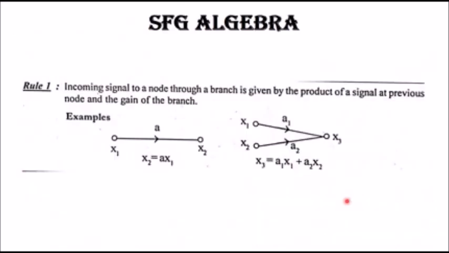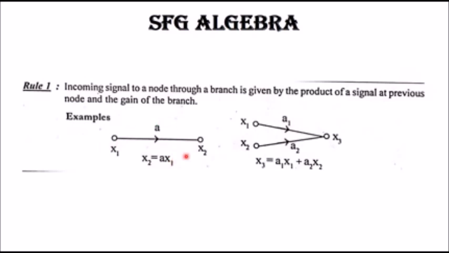Okay, so let's see some algebra. You can see we have two nodes here, x1 and x2, and in between these two, a is the gain. That means when a signal travels from x1 to x2, it is multiplied with a gain of a, so we can simply say x2 is equal to x1 into a.